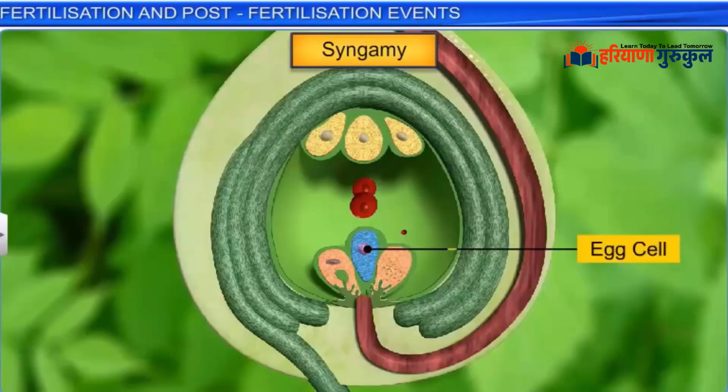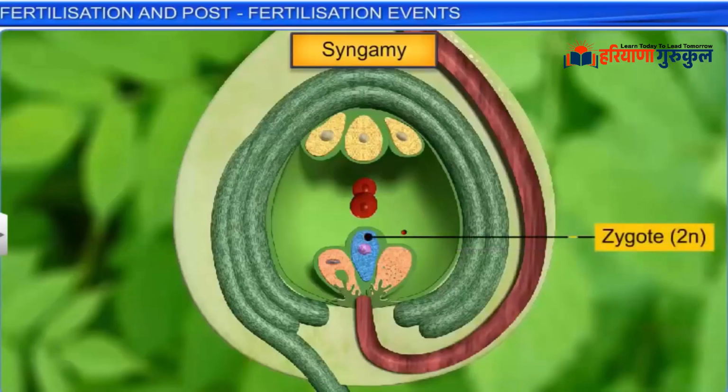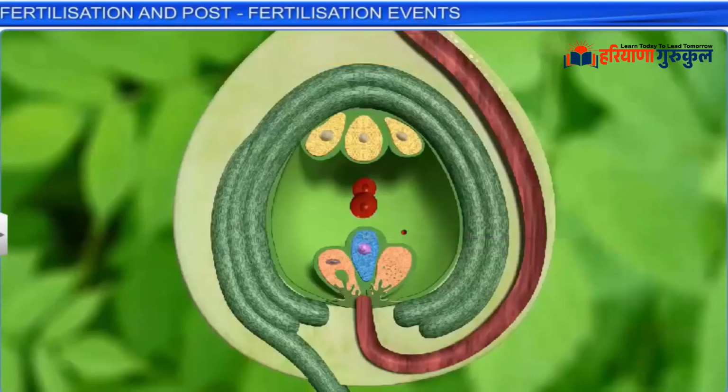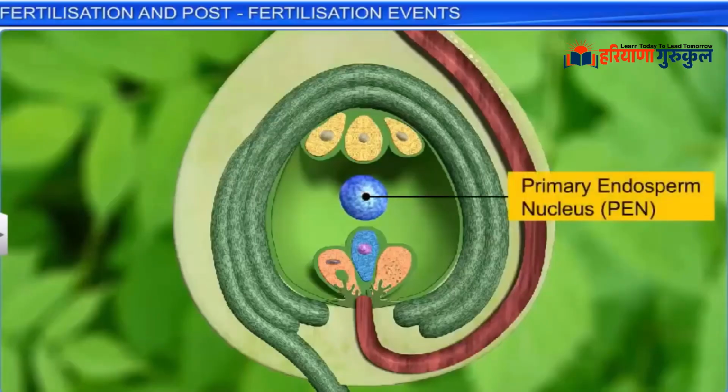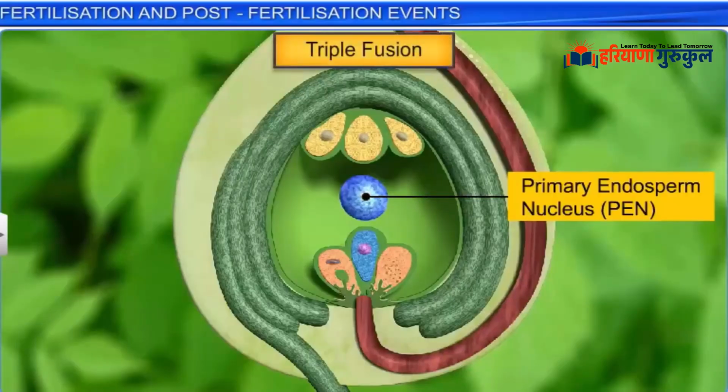This fusion, known as syngamy or first fertilization, results in the formation of a diploid zygote. Meanwhile, the other male gamete moves towards the 2 polar nuclei and fertilizes them to produce a triploid primary endosperm nucleus, or PEN. Incidentally, this fusion is known as triple fusion, as it involves the fusion of 3 haploid nuclei.